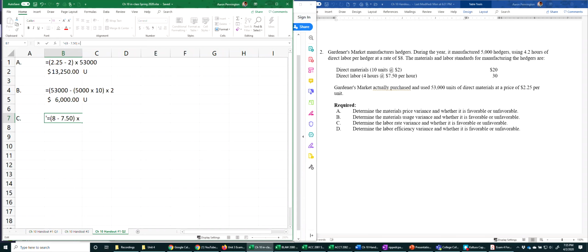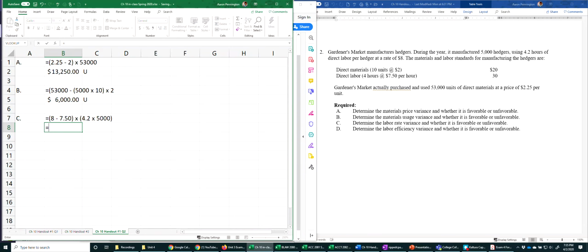And it's given in pieces, 4.2 hours per hedger. 5,000 hedgers were made, and that's how we get to your actual hours.